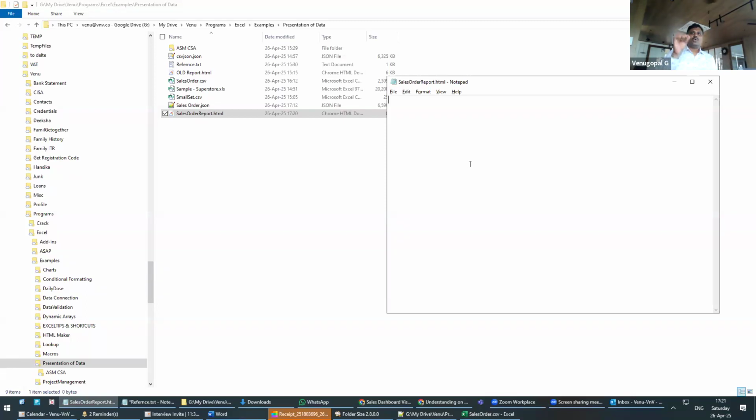Everyone created a text document and made it .html. All that I'm saying is just create it as .html. Are we clear up to this point, everyone?